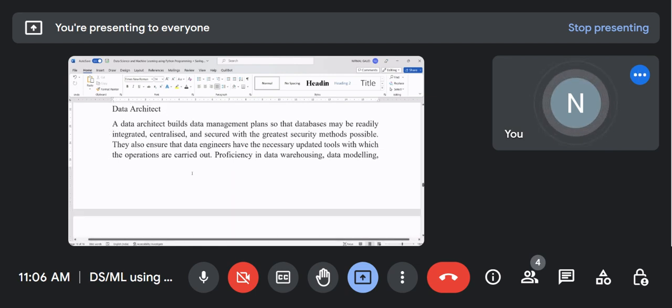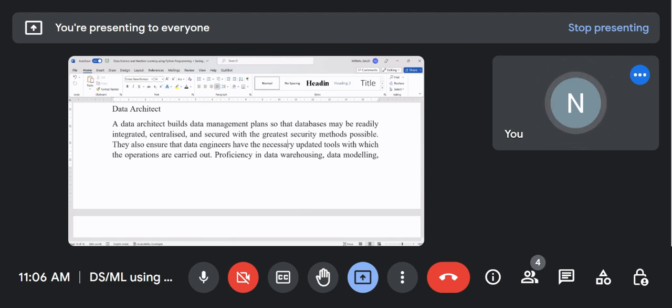Next one is the data architect. A data architect builds data management plans, performs integration and centralization, and secures the activity. Because an architect is going to define the architecture. It's going to tell you how many layers there are going to be.